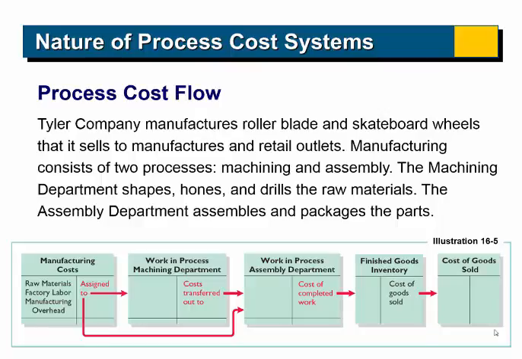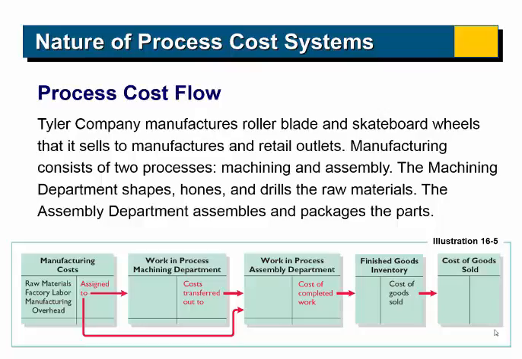The machining department shapes, hones, and drills the raw materials. Therefore, they're going to get an allocated amount for manufacturing overhead and their distinct materials that they use in that particular product, and the labor hours and the rates for the workers.